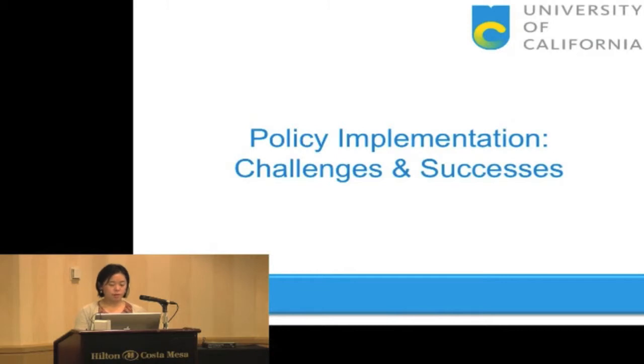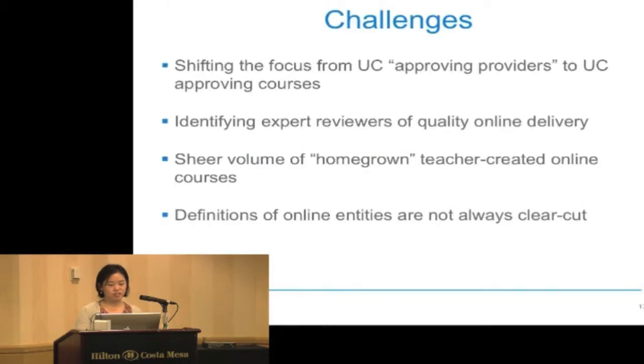Okay, so with our policy implementation so far, as I alluded to at the outset, we've already seen a fair amount of challenges and successes that I want to just briefly touch on here. In terms of challenges, it's actually been quite a challenge for us, because in some ways it's a culture shift, getting people to move away from what they had understood before as the former policy and process of UC approving online providers.